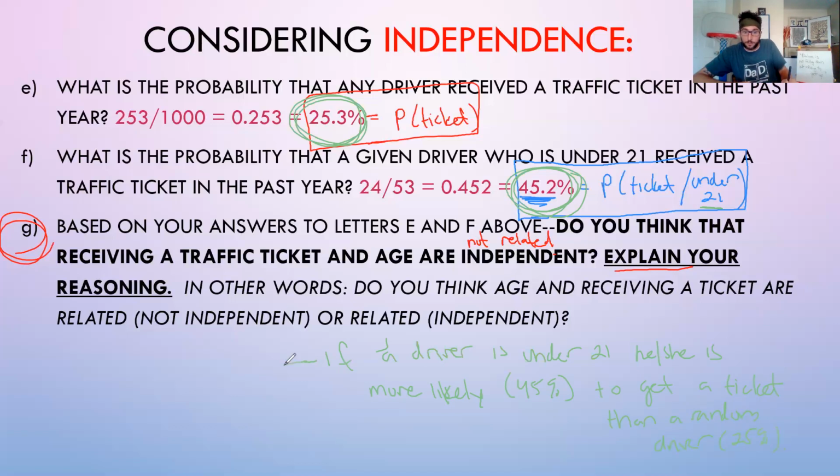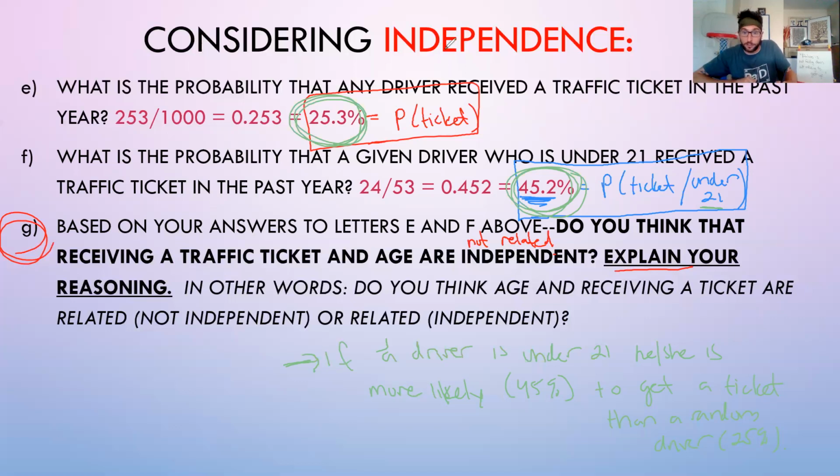That's our reasoning. What does that tell us? Well, that tells us your age matters. That tells us if you're young, you're more likely to get a ticket, which means receiving a traffic ticket and age are related, or in other words, are not independent.